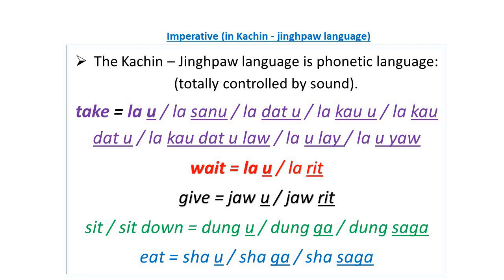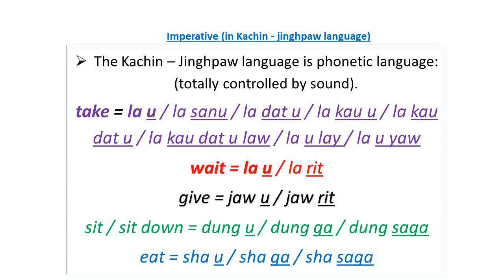Let me explain the imperative in Kachin Jinghpaw language. The Kachin Jinghpaw language is a phonetic language totally controlled by sounds. In English, you omit to, just using the base verb form as the imperative. Let's see here, take.